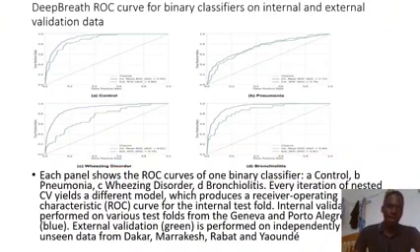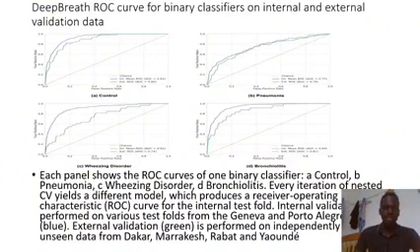Here this shows the Deep Breath ROC curve. As we all know, ROC is the receiver operating characteristic curve for a binary classifier, on external and internal validation data. Each panel shows the ROC curve of one binary classifier.